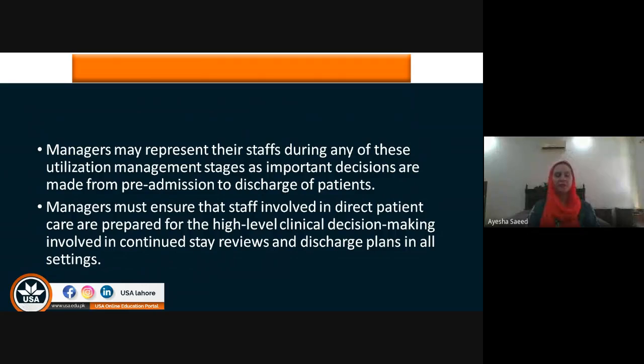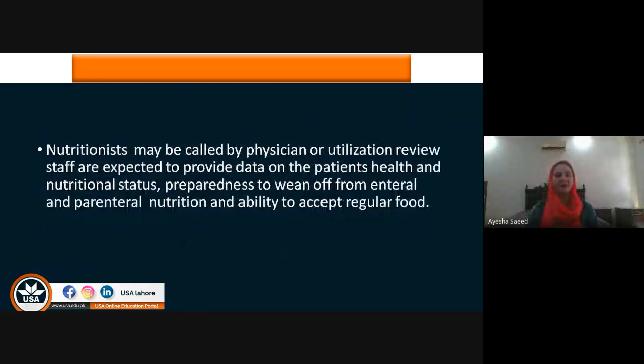So the review is conducted by the utilization managers, but the decision on discharge and continued stay depends on the healthcare providers. So the healthcare managers are the link between the utilization managers and the healthcare providers.